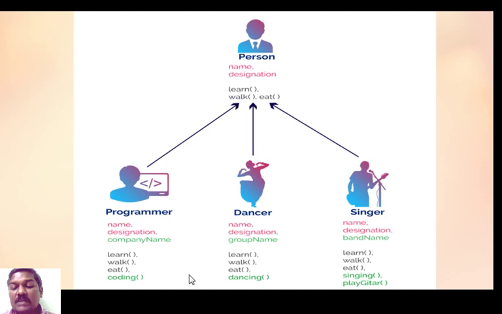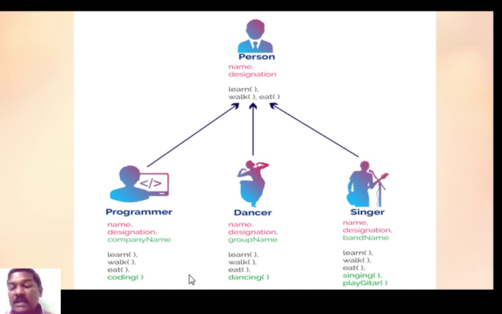Each and every person, that means programmer or dancer or singer, has their own name as well as designation. For instance, a programmer has a name, he is working for some company, and has a company name and his designation. So they belong to the programmer only.